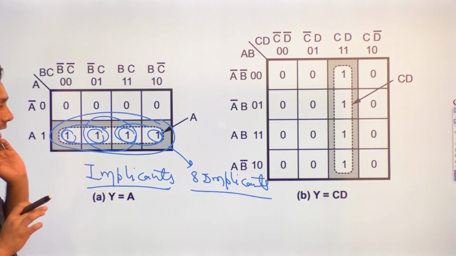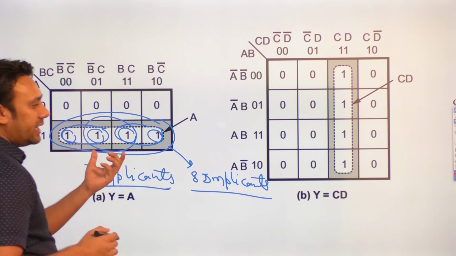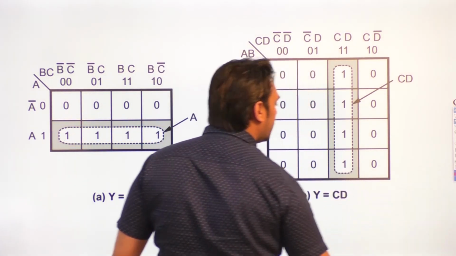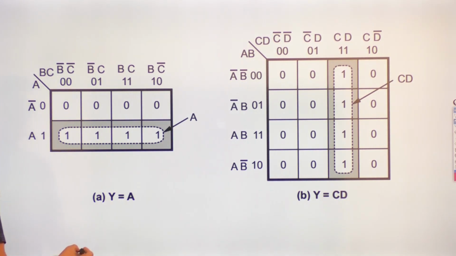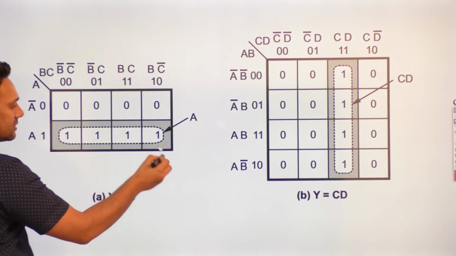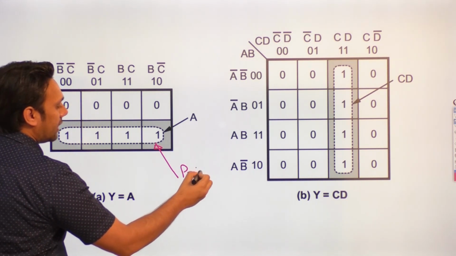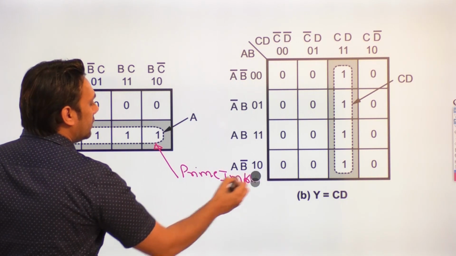Clear? Then how many of these 8 implicants are prime implicants? This bigger subcube here is the only prime implicant.